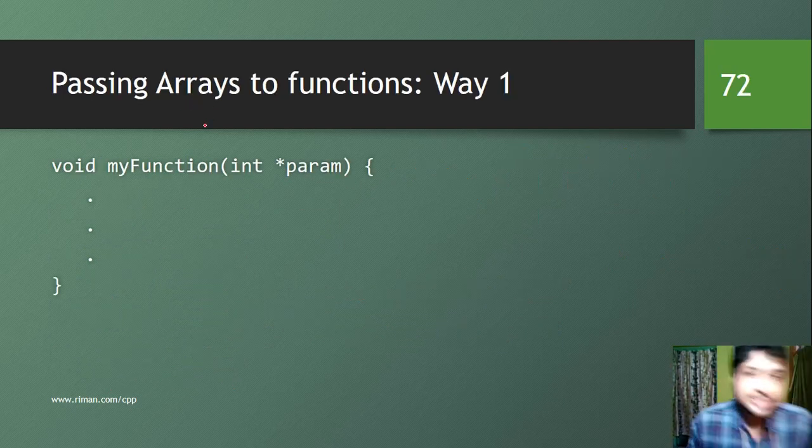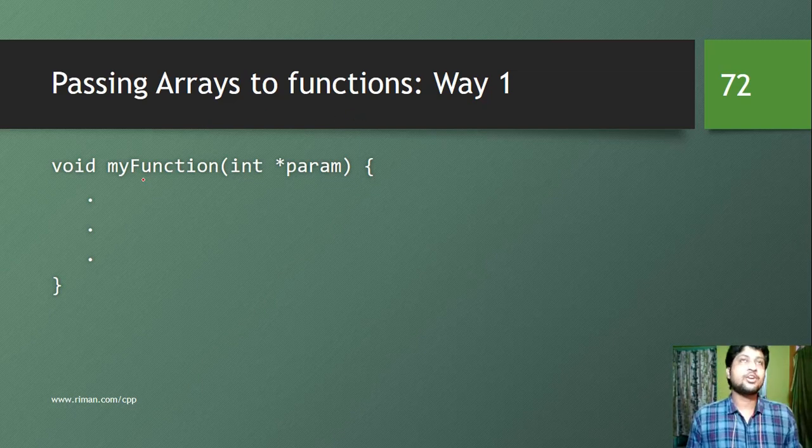Now, passing arrays to a function. We have already learned functions, and now we are trying to pass arrays to the function. There are basically three ways to pass an array to a function. The first is using a pointer variable, int *param. In this way we can pass an array to a function.